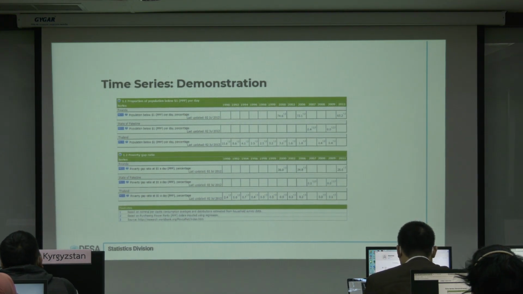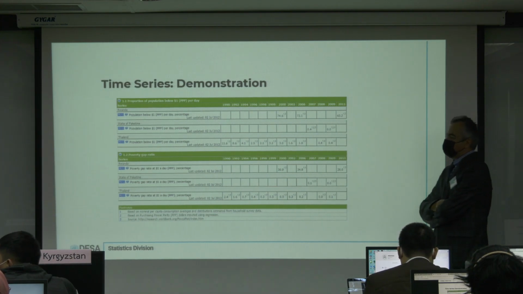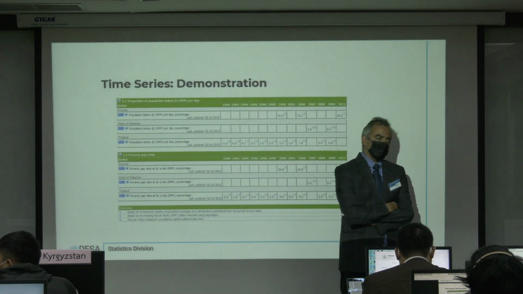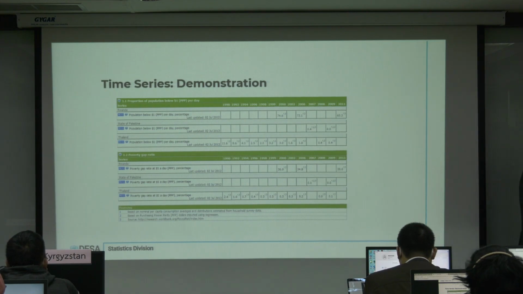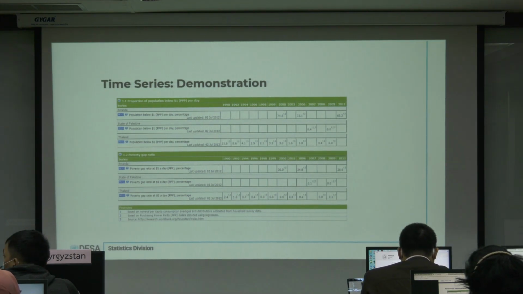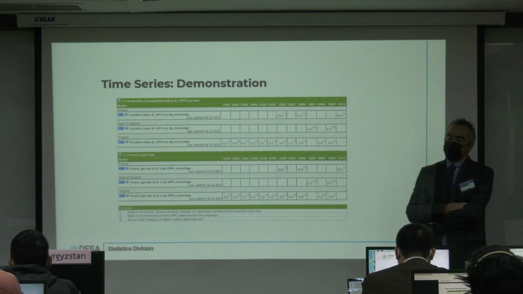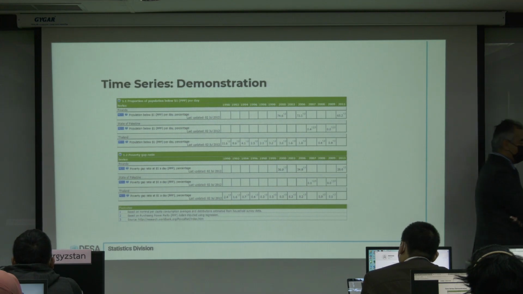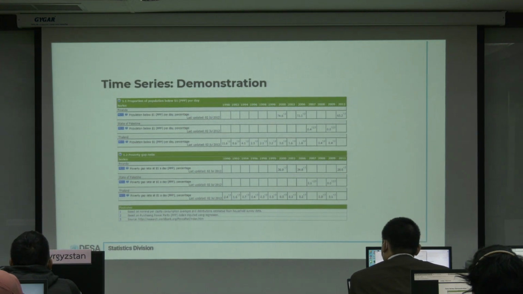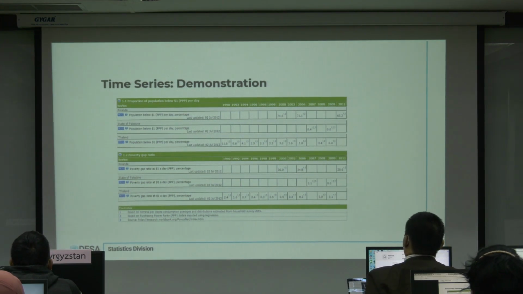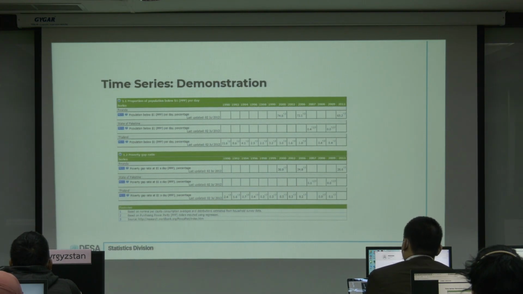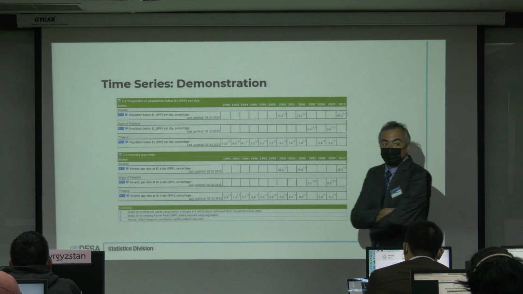How many time series do we have on this table? I'm listening. How many?